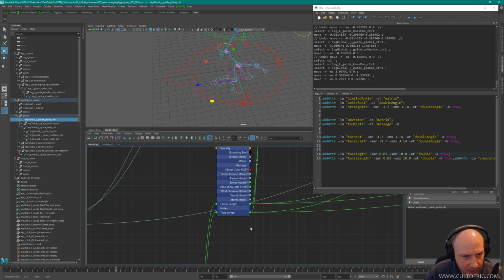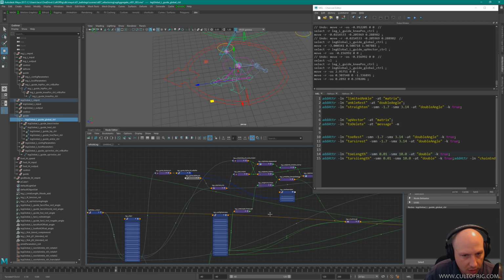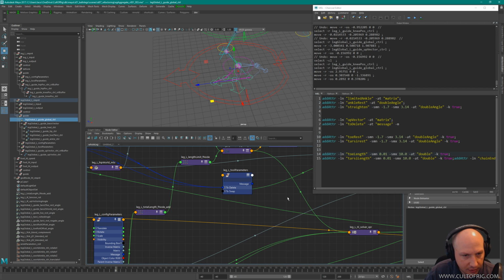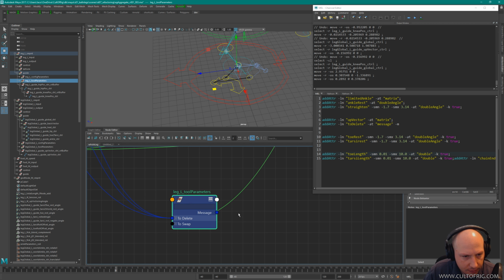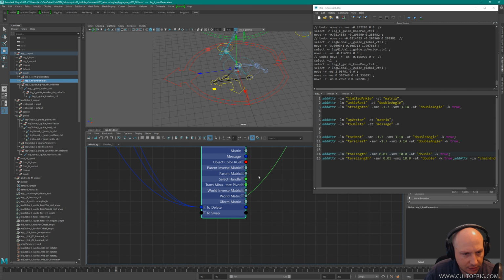The other thing is, we did not, I believe, on the leg have the... No, we do have the to delete. So it must have been on the leg global that I didn't have the to delete attributes yet. And to delete, to swap, yeah, that's fine.